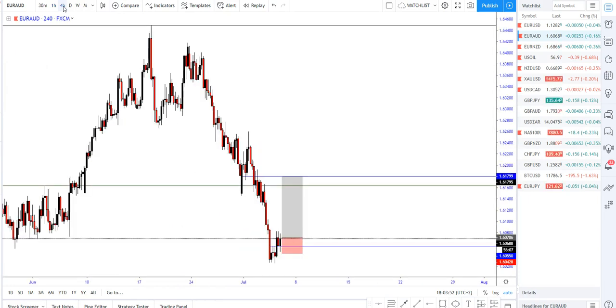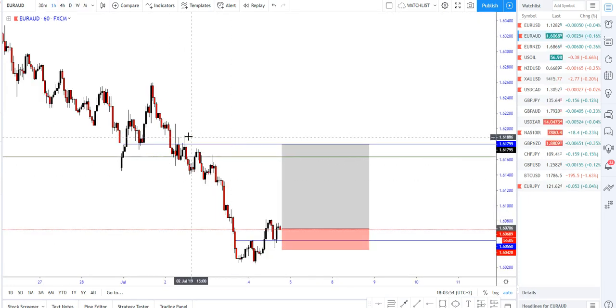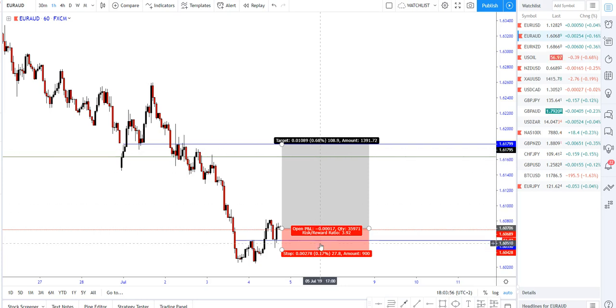Lower time frame, full. So 108 pips for a 27 pip risk. Do you see how worth it is? Guys, you always want to take trades whereby the risk is always less and the reward is always huge. So it's a must.